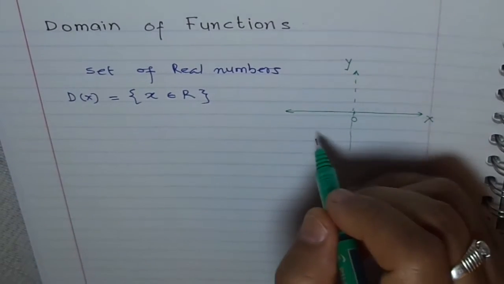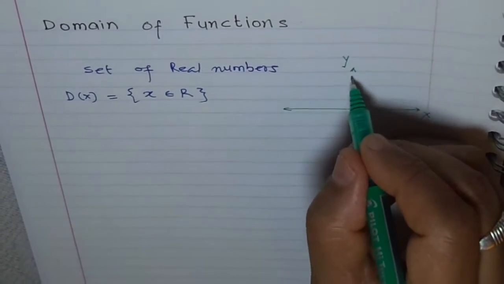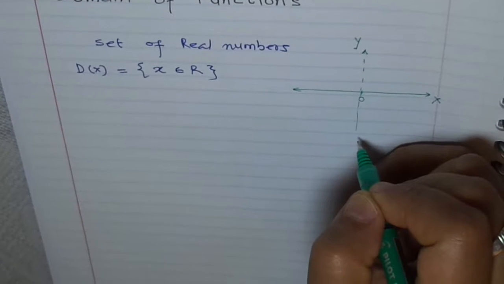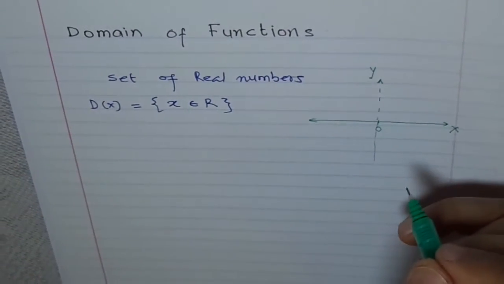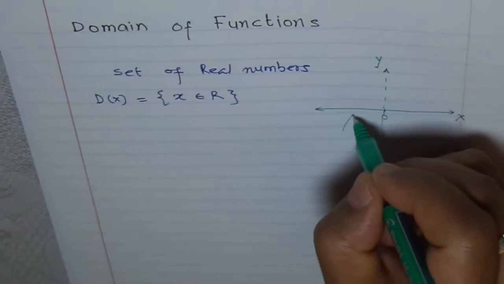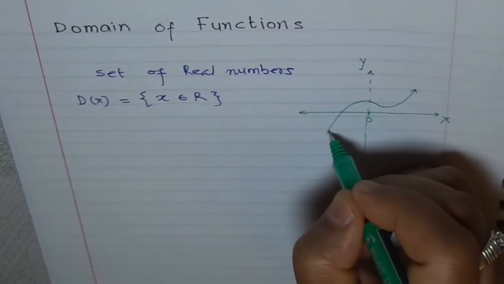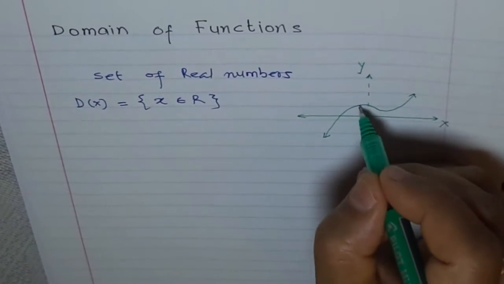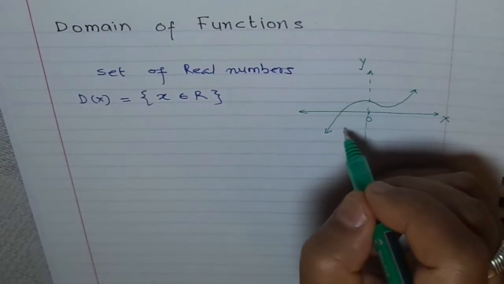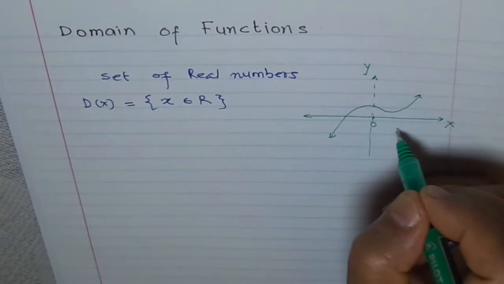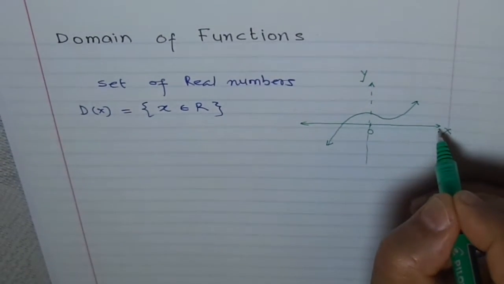I'll just plot them in general, not mentioning the y-axis at all. It makes sense because if we have a function here, then I'm not really interested in the y values. I'm interested in whether it is continuous or not along the x-axis.